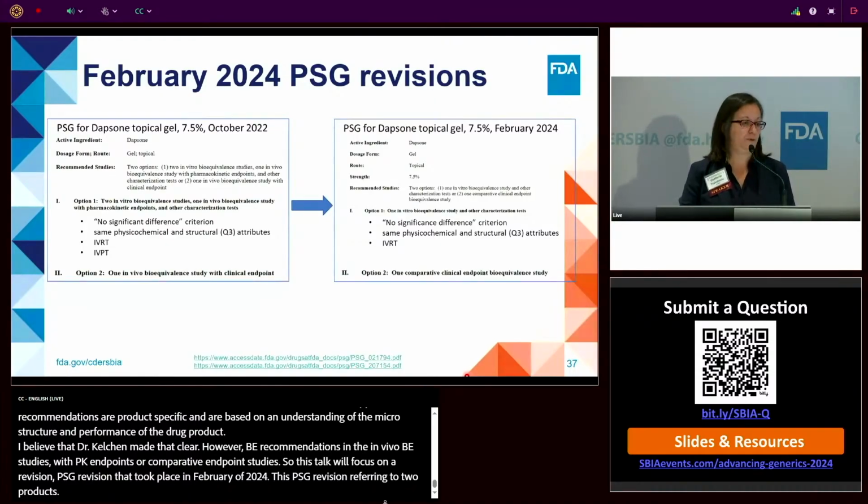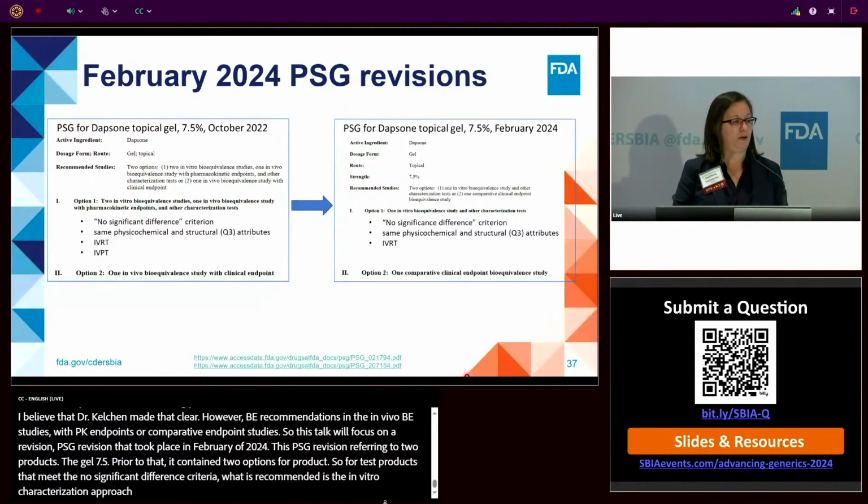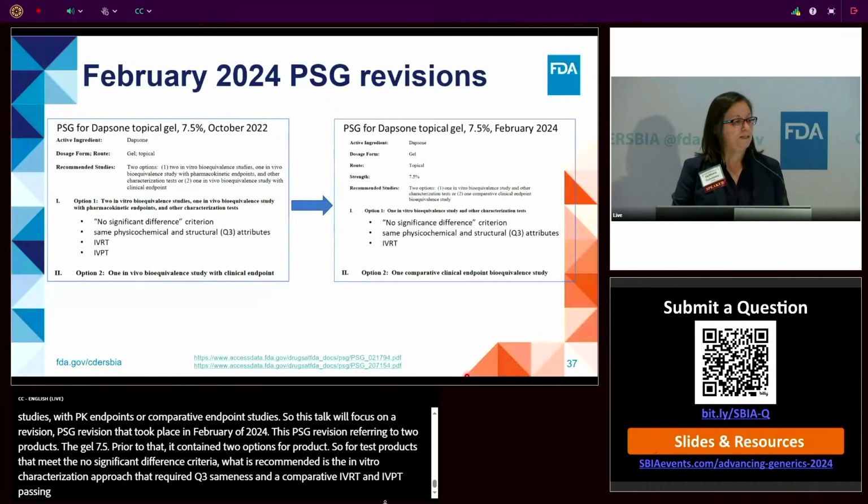Prior to February 2024, the PSG contained two options for this product. For test products that met the no significant difference criterion, what was recommended was an in vitro characterization approach that required Q3 sameness and comparative IVRT and IVPT studies. And this approach was supplemented by an in vivo BE study with PK endpoints.